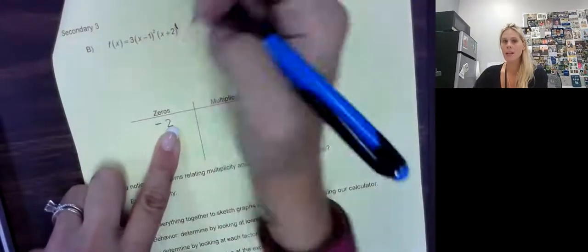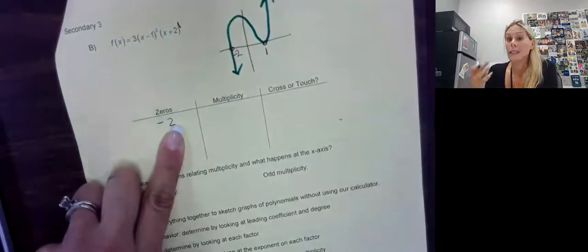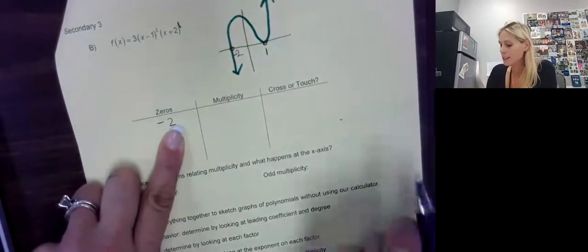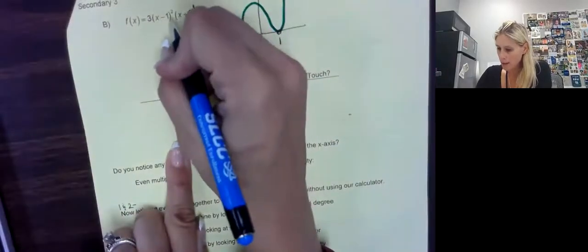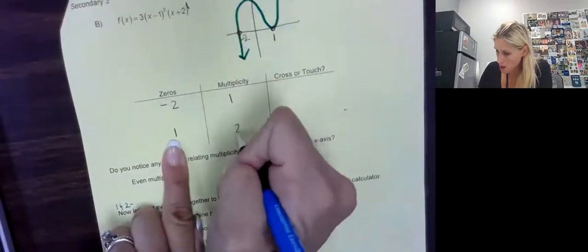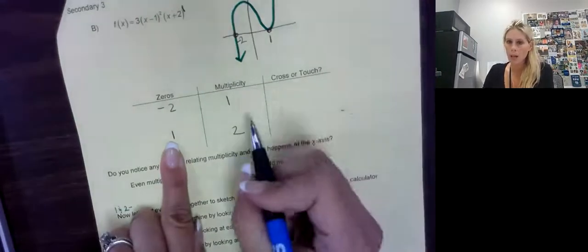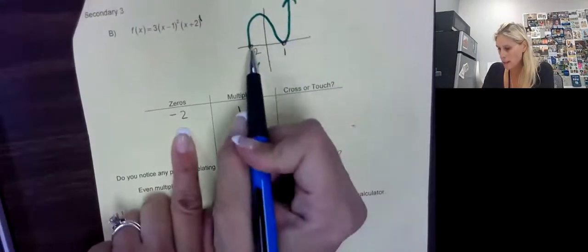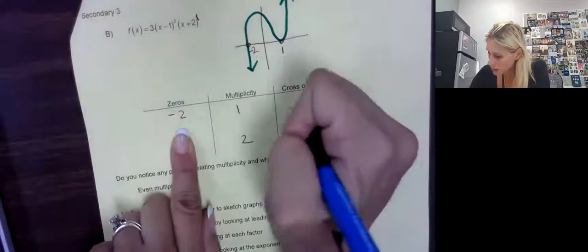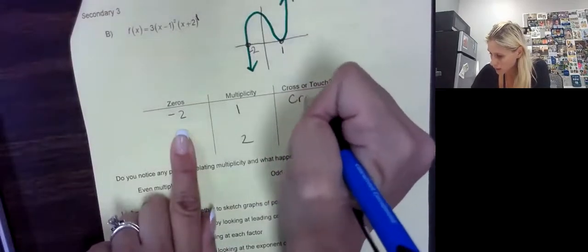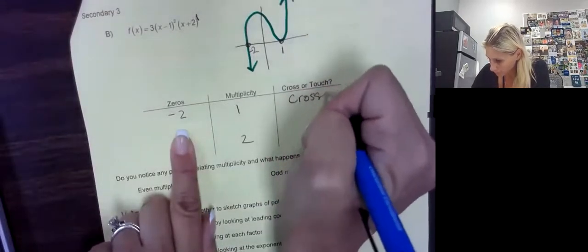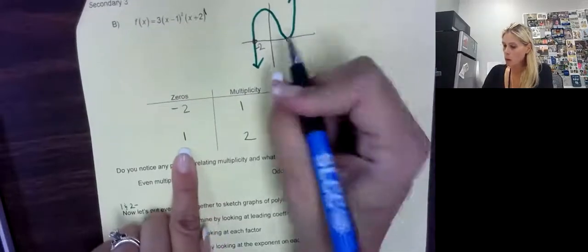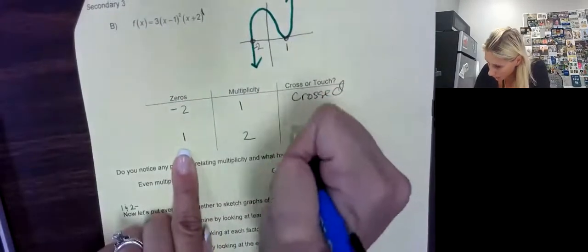Just because it's not showing a number doesn't mean it's 0, it's 1. And then for the 1 right here, our exponent is 2. All right, so at -2, did it cross or touch? It crossed. And at 1, did it cross or touch? It touched.